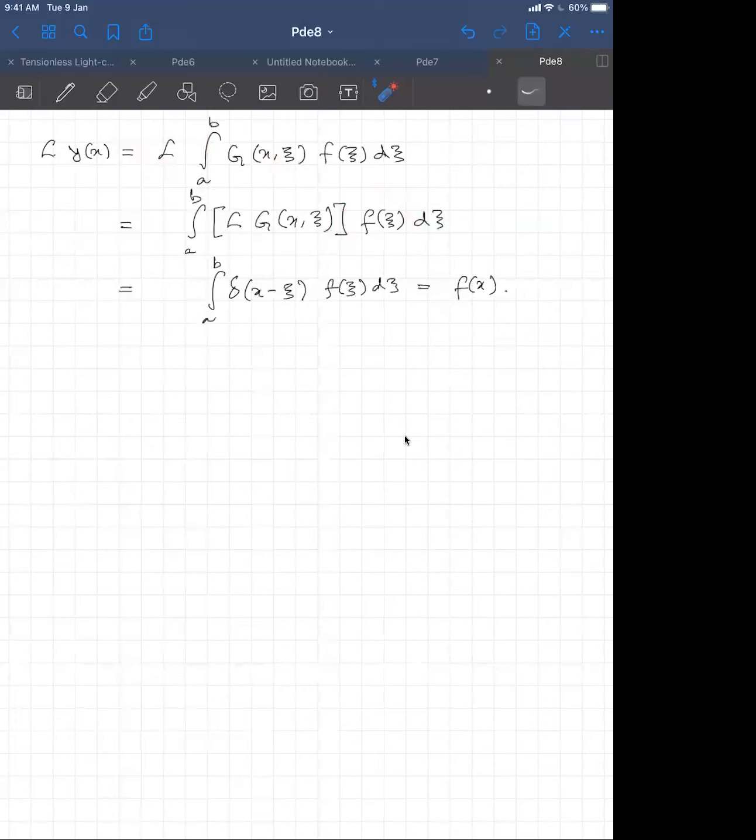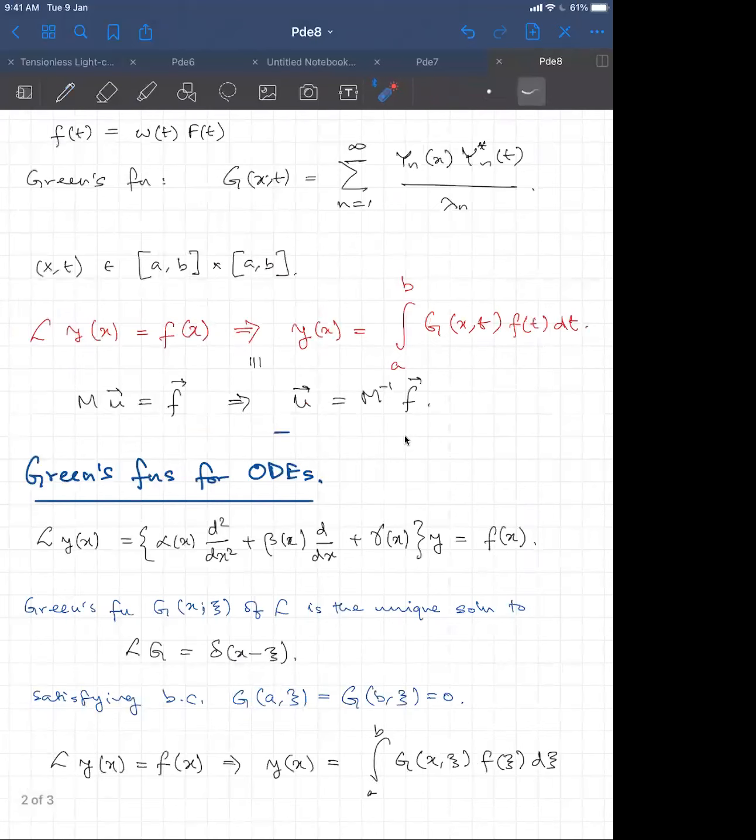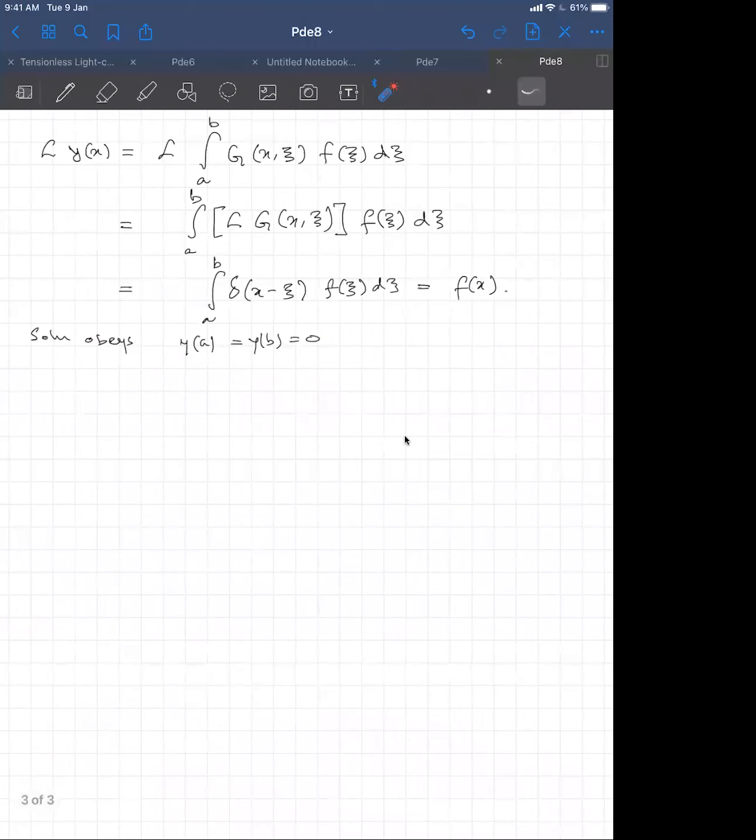The solution obeys y of a equal to y of b equal to 0 just because our Green's function had the same boundary conditions. Very good. Now that we have learned that this is a formal way of finding solutions for any f of x, we want to understand how to actually go about constructing the Green's function, right?